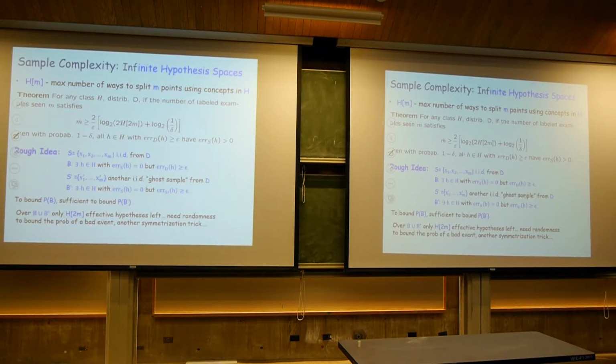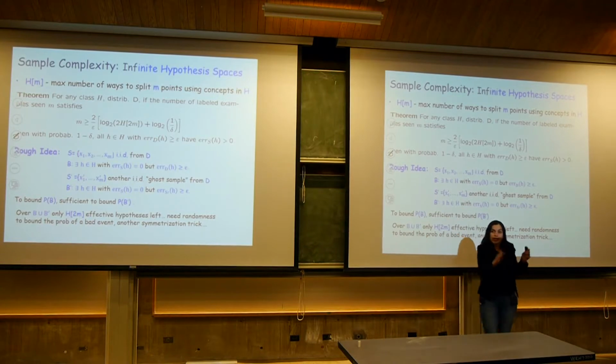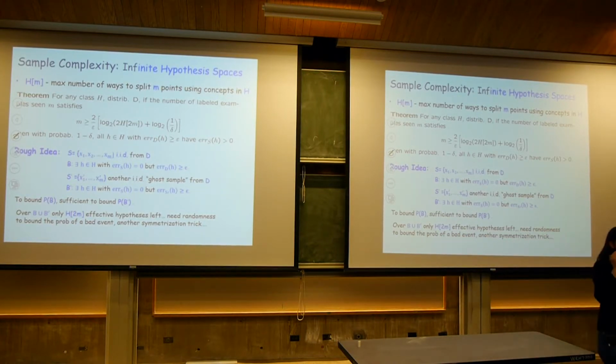In particular, when I do my union bound, what I really care about is in how many ways a hypothesis in my hypothesis space can shatter points in S union S prime. I really care about the behavior of the hypotheses over the union of these two samples, a real sample and a ghost sample.